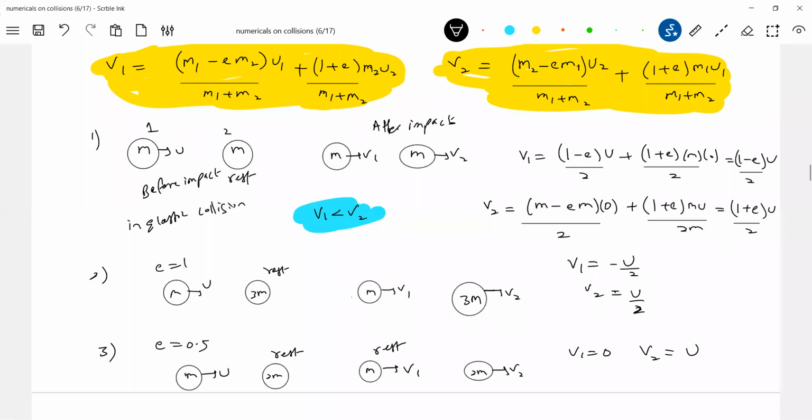Okay, a very good result is what I'm providing. This will trouble you a lot in numericals because you have one firm idea: elastic collision, masses same, there'll be exchange of velocity. Look at here also, e equal to 0.5, m to 2m. They'll exchange their velocities, no? v1 will come to rest after impact and this will move with the velocity of the first object. So exchange of velocity is now also taking place. Not exchange of momentum.